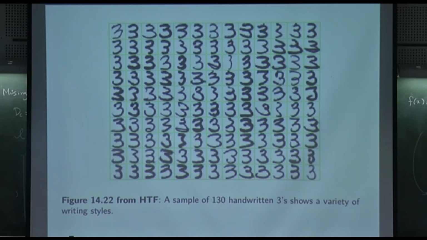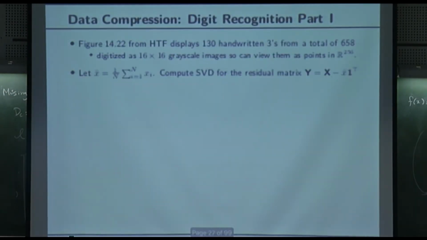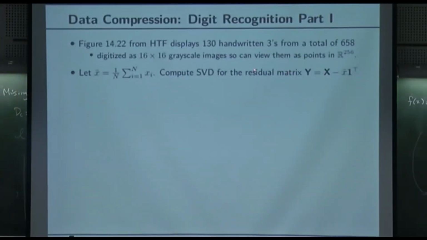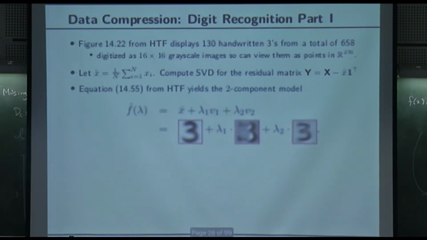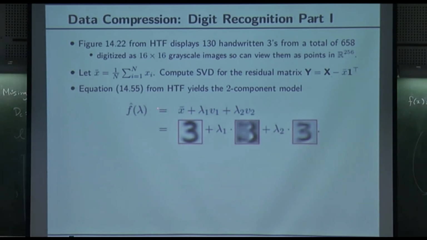What we want to understand is, can we do some kind of PCA to learn what the variations are? So first compute the mean, and then you compute the SVD of the residual matrix. x bar is just the mean of all the n vectors that you have. Then you compute the SVD of the residual matrix, and then they just keep the first two singular values.